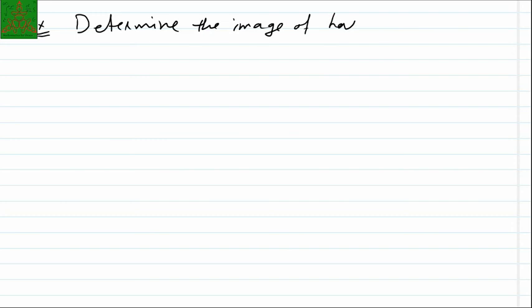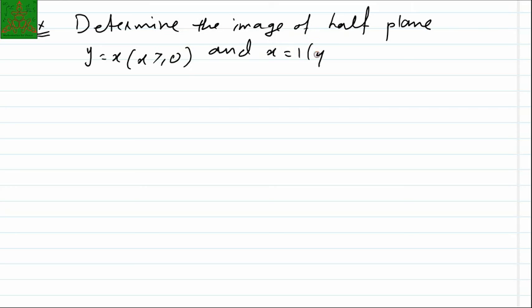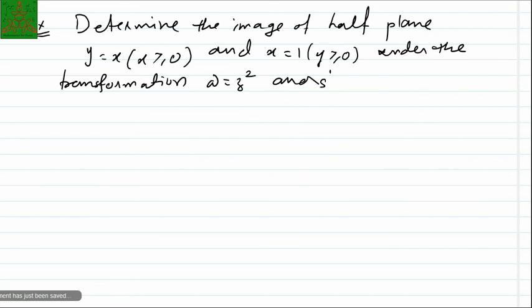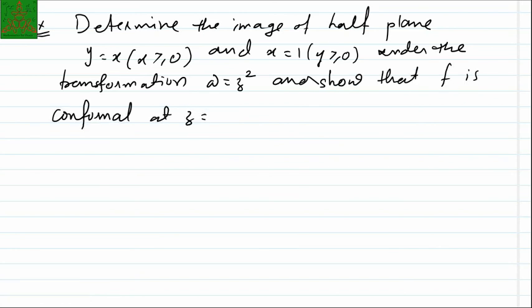I would like to give you one more exercise to discuss. Determine the image of the half lines y equal to x if x is greater than or equal to 0, and x is equal to 1 if y is greater than or equal to 0, under the transformation w equal to z square, and show that f is conformal at z equal to 1 plus i.